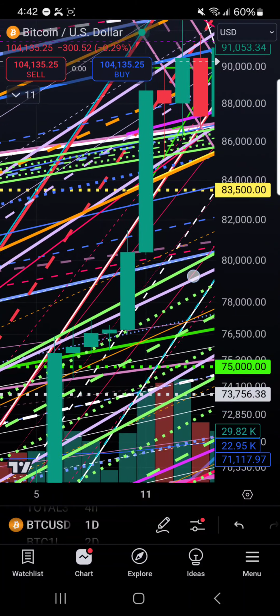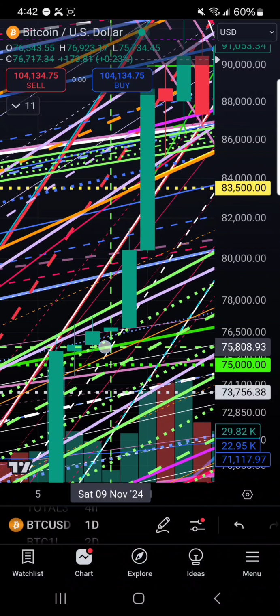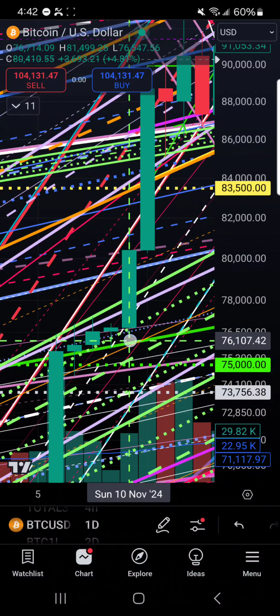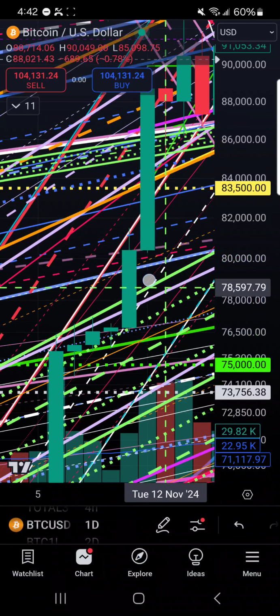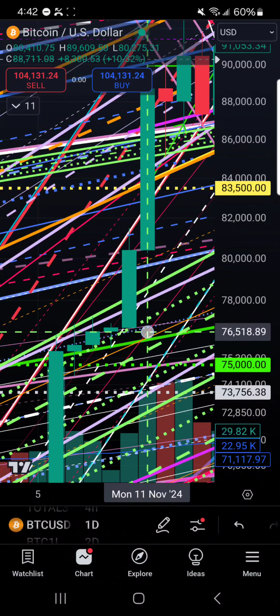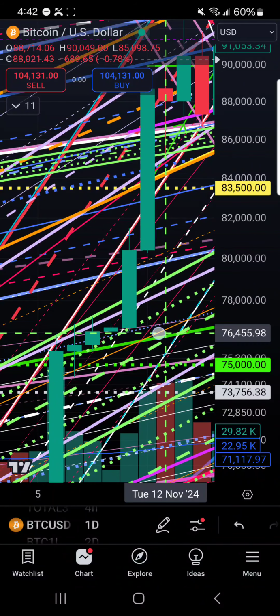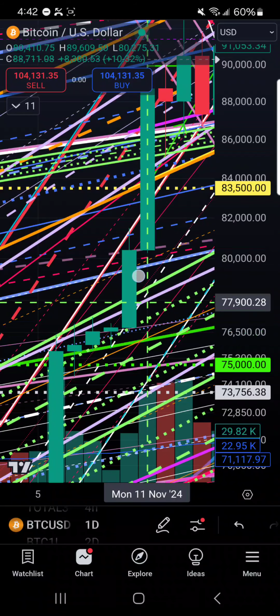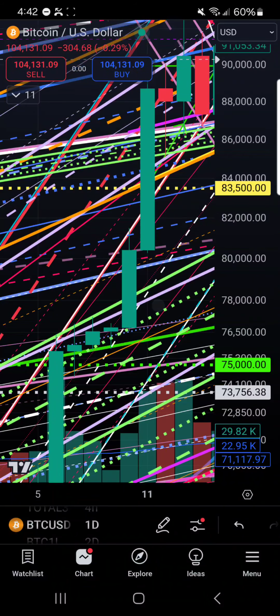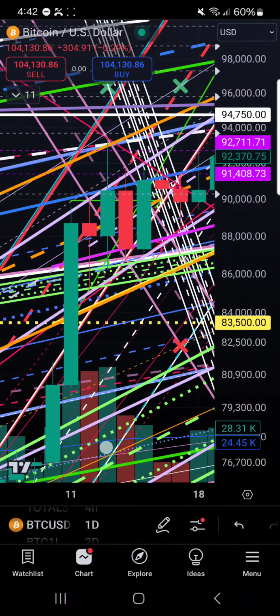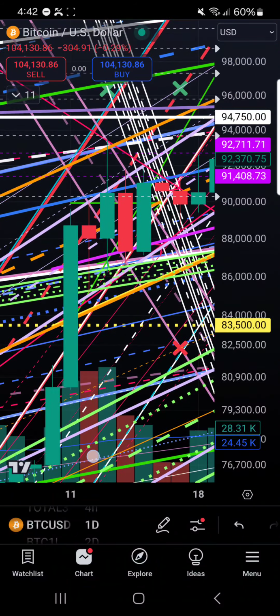It might have been back here. We kept rallying and never went back down. Yeah, this was it. We never came back down to here, and I missed getting it. I missed an entry point right here. I was expecting Monday to bring us back to here, and it did not. So we could be in store for something like that currently.